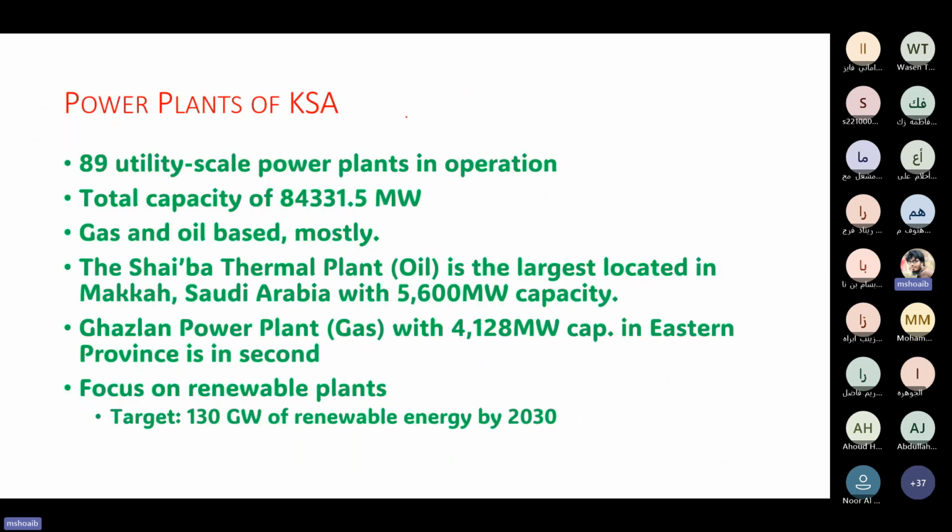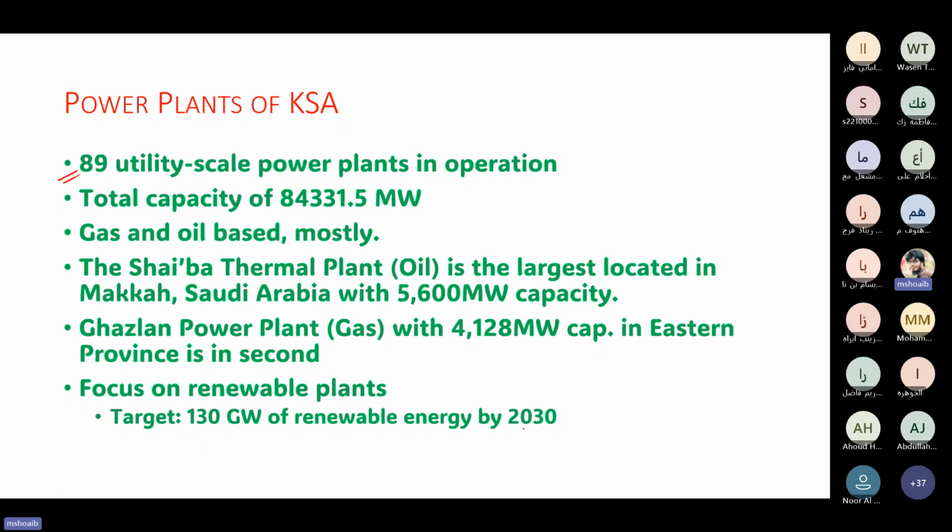Okay, so over here I will just give you a very quick idea about the power plants of Saudi Arabia. As far as I have searched online, you can also search, around 89 utility scale power plants are in operation, but many are under construction. In terms of power plants, Saudi Arabia has taken some very bold steps.